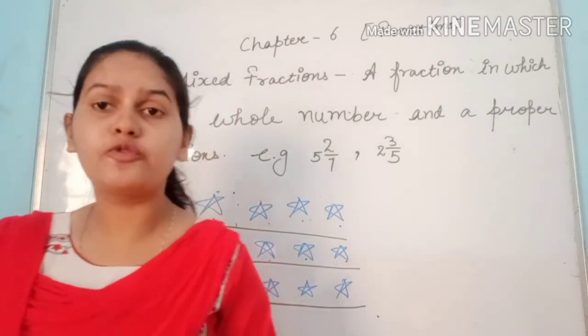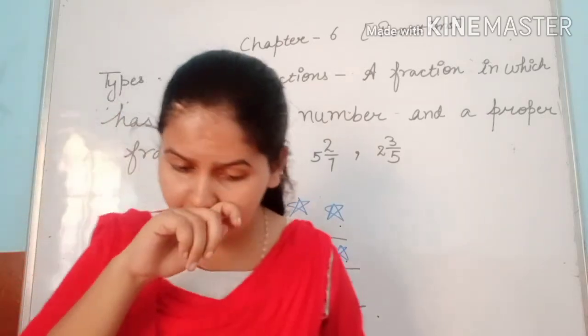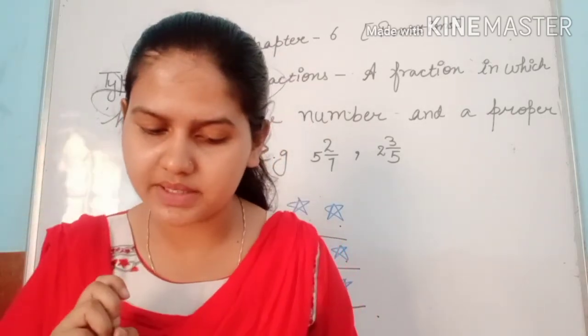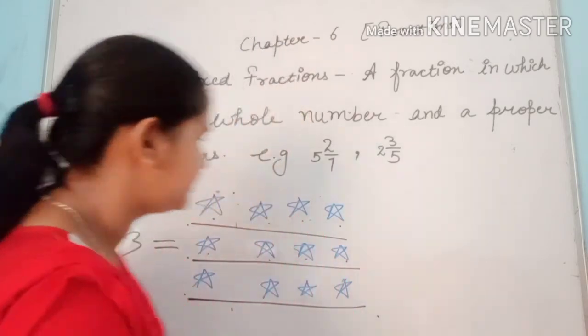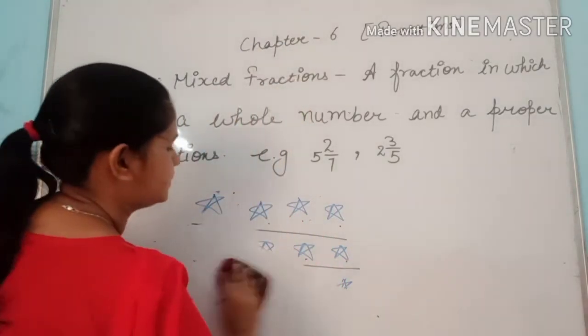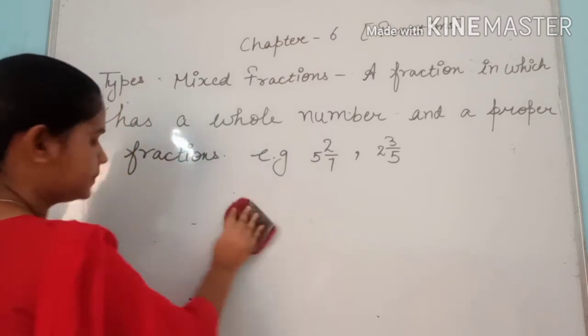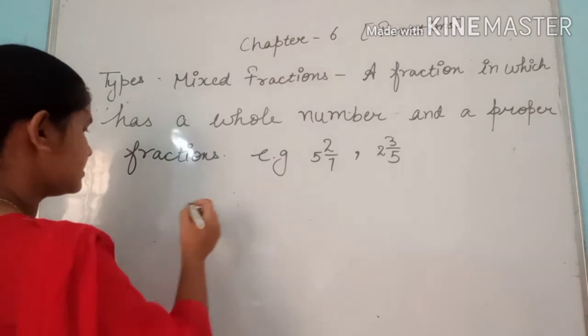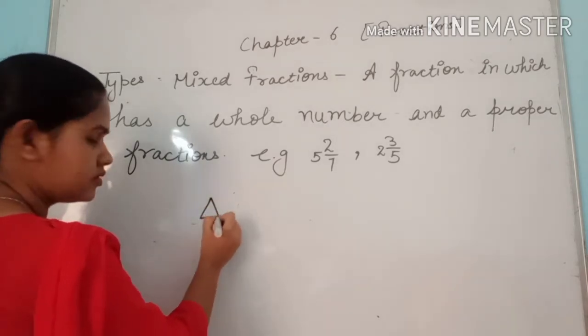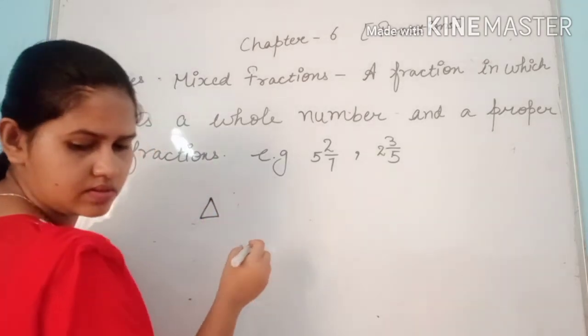Okay. Now come to the fourth part, where we divide the collection into 3 equal parts. So we have to divide into 3 equal parts, right? The colorful triangles are given to us like this.